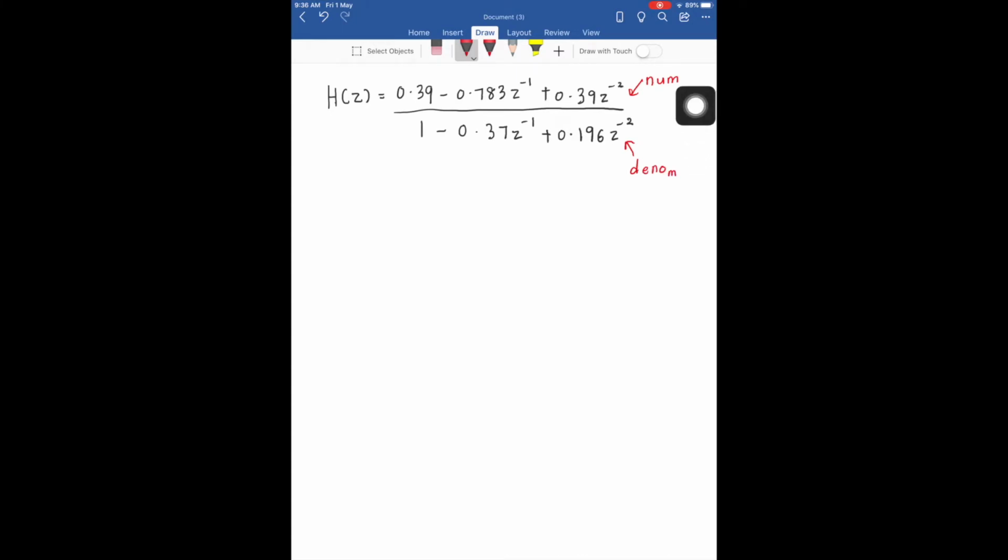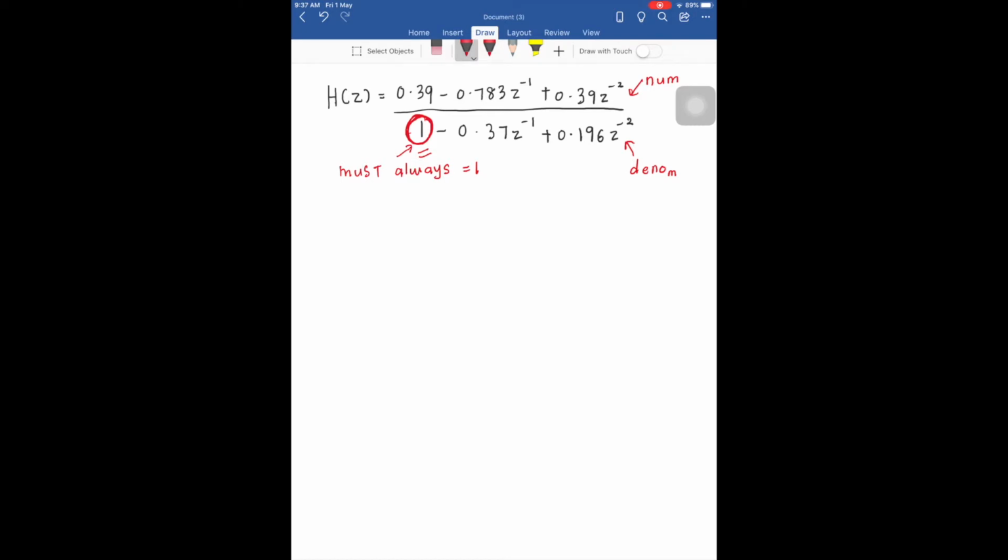If you remember from my previous lecture, I mentioned that for the denominator part, the first constant must always equal 1. If this number is not equal to 1, you need to do factorization. Next, you have to sketch the diagram.